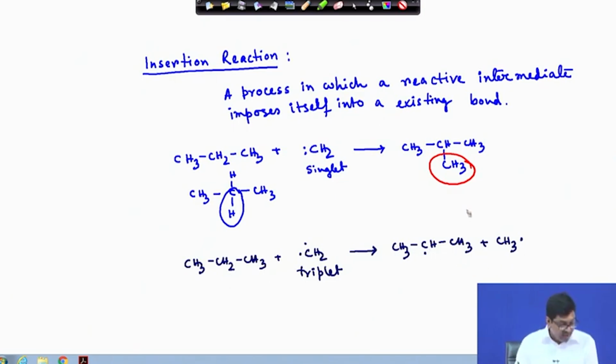After that, hydrogen abstraction followed by recombination gives the similar product. So these two processes can give the same product, whether it is singlet or triplet.